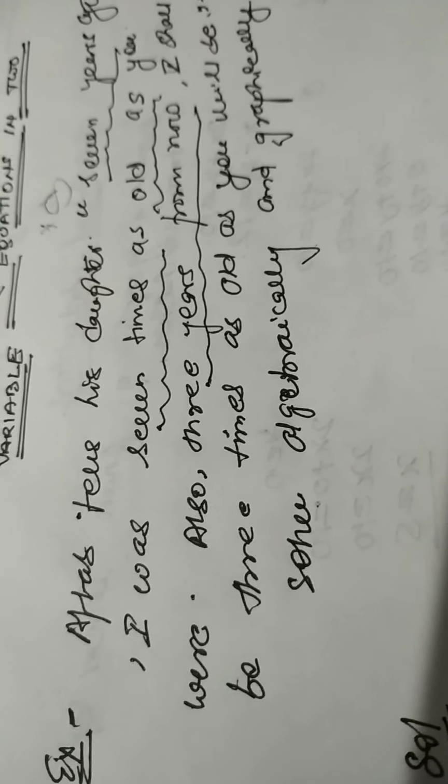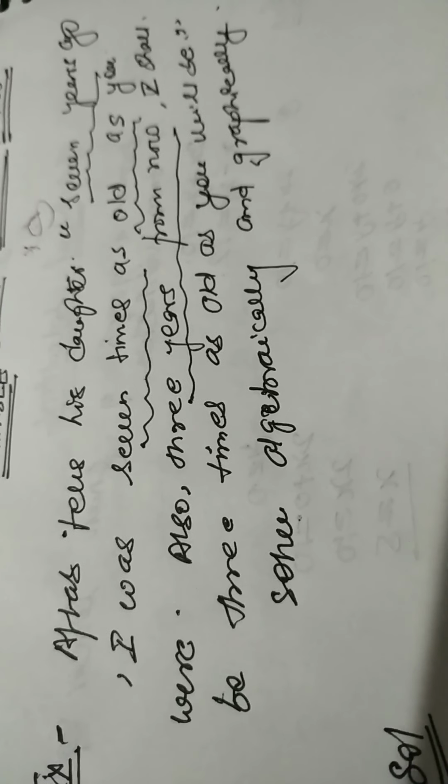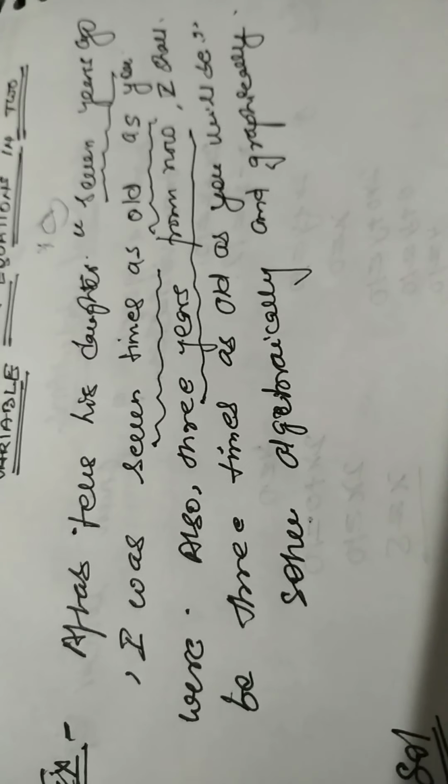If you are 14 years old today, then 7 years ago you were 7 years old. That means 14 minus 7. So in the past, if you are 7 years, that means 14 minus 7, and your parents are also 7 years less than today's ages.